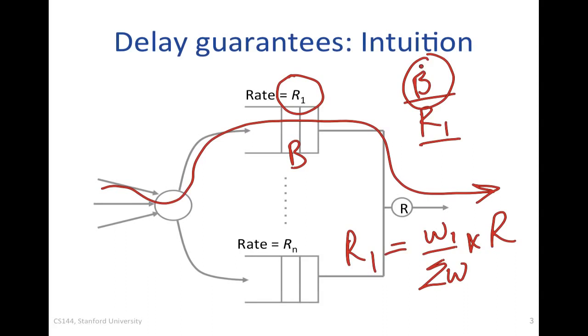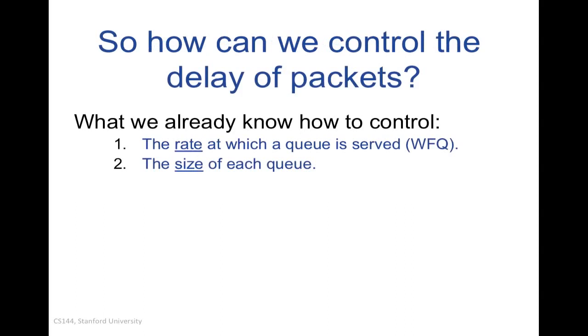How do I actually do this in practice? Let's take a look at that. So we can control the delay of the packets from things that we already know. What we already know how to control is the rate at which a queue is served using WFQ and the size of each queue. This suggests a model for a router where we classify the packets as they come in.